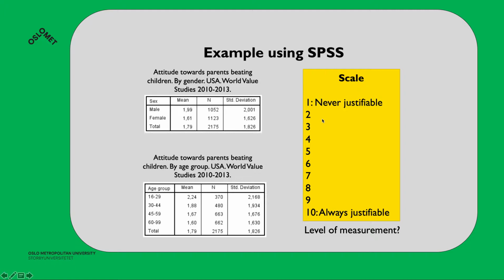So you're not actually at the interval level, but given that there's quite a large scale, and it's a quite finely scaled variable, we use it as if it's almost at the interval level, and thus we can calculate means for different groups based on this dependent variable.